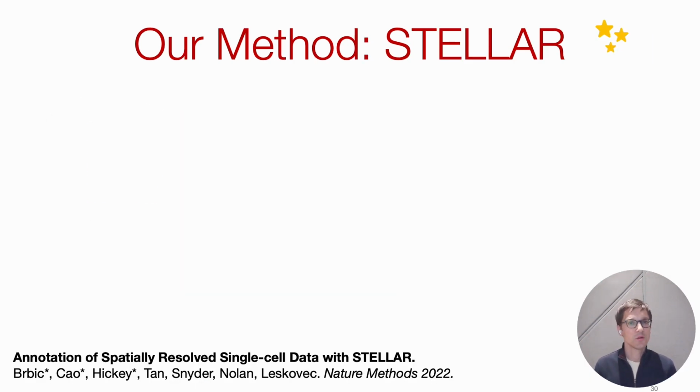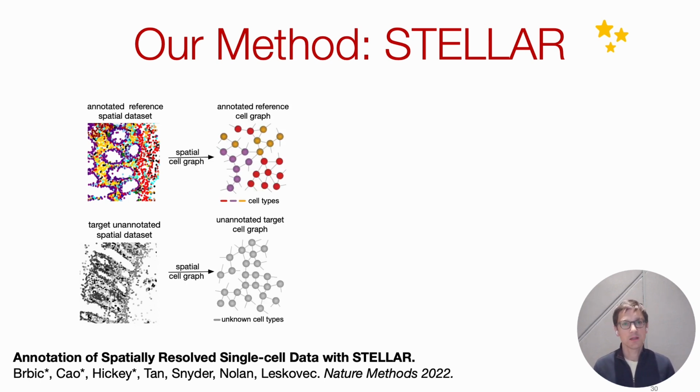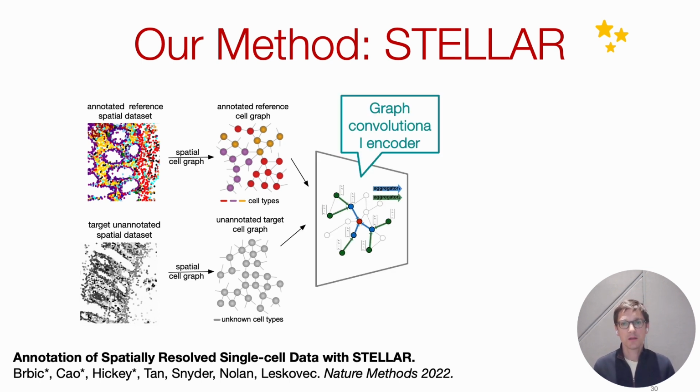So our method is called Stellar. It takes as an input an unannotated spatially resolved data set. It also has the annotated reference spatial data set on which the annotated reference cellular graph is first built.